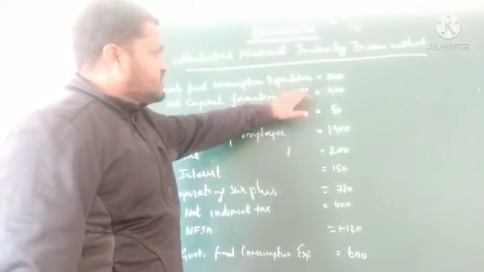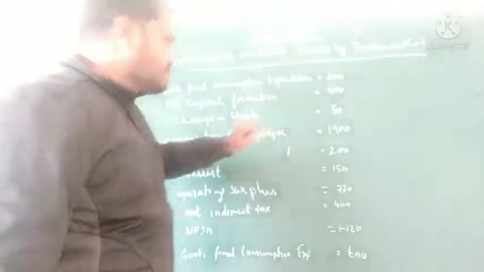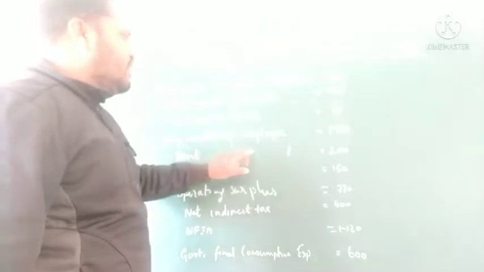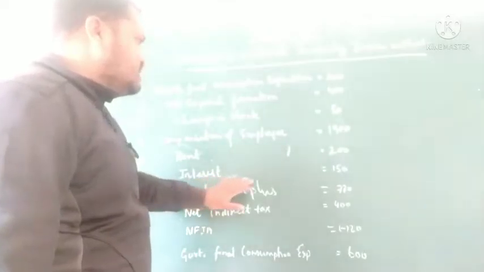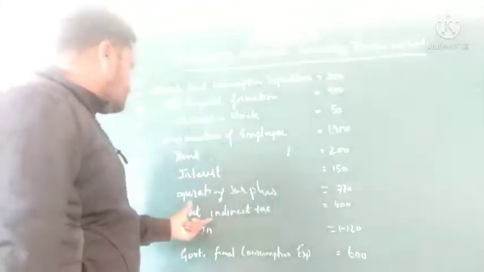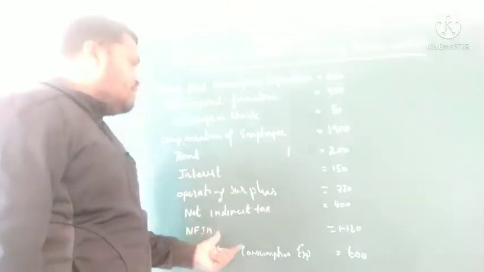The data given are: private final consumption expenditure is 2000, net capital formation is 400, change in stock is 50, compensation of employees 1900, rent is 200, interest is 150, operating surplus is 720, net indirect tax is 400, net factor income from abroad is minus 20, and government final consumption expenditure is 600. Now we calculate the national income.